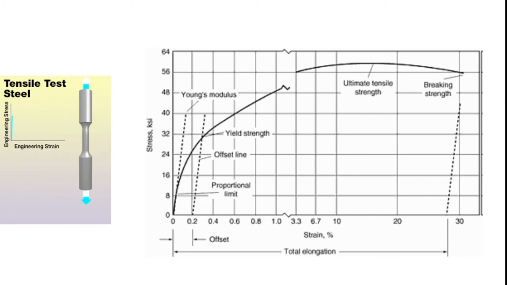That is, thinning begins to concentrate near the region where fracture will eventually occur. This necking can often become so pronounced that the nominal stress will decrease upon additional loading, even though the true stress continues to increase until fracture occurs.